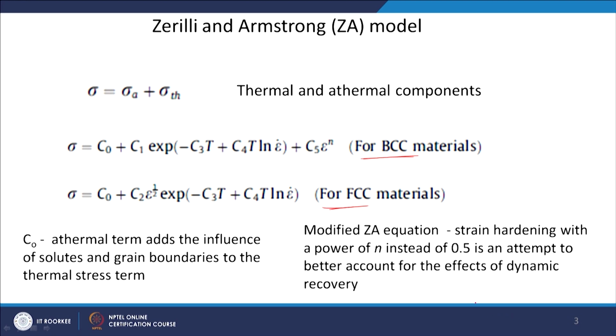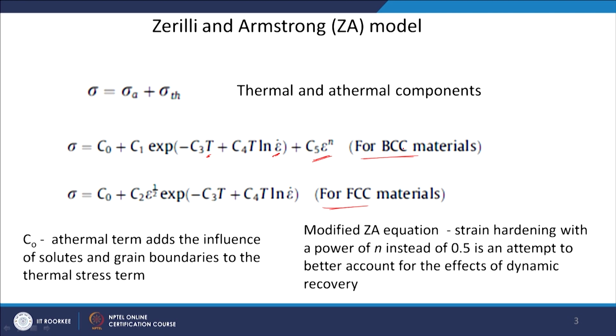Basically, you can see that it brings in the effect of strain hardening with a strain hardening exponent here, also the effect of strain rate and the effect of temperature, and that is how they are able to predict the flow stress for a BCC material.